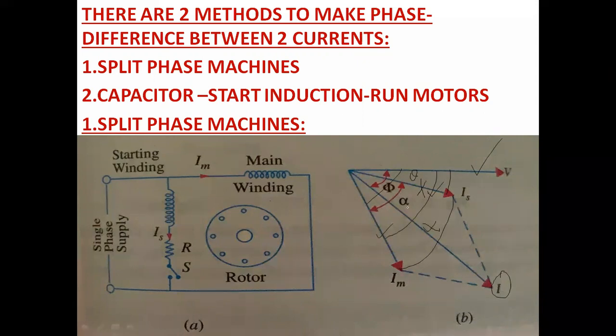This angle alpha is the angle which produces the EMF in the rotor. So the EMF produced in the rotor will depend on this angle alpha. Got it? How much we go for alpha, that much EMF we can produce.